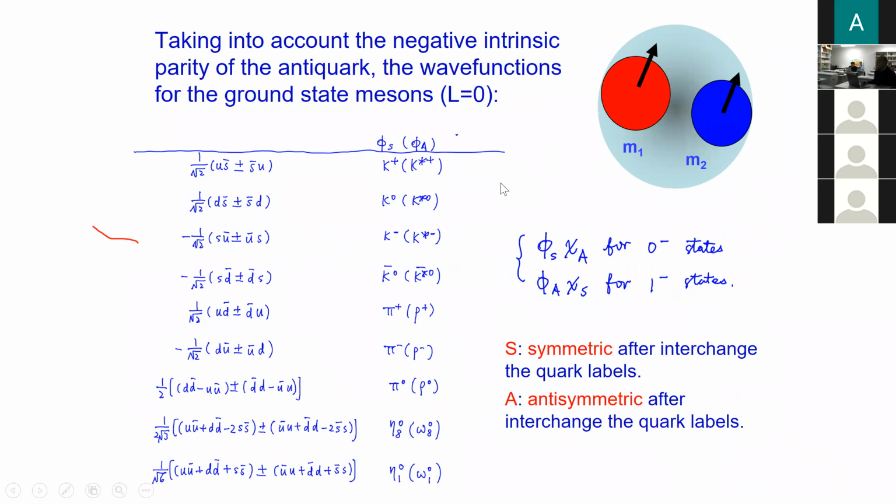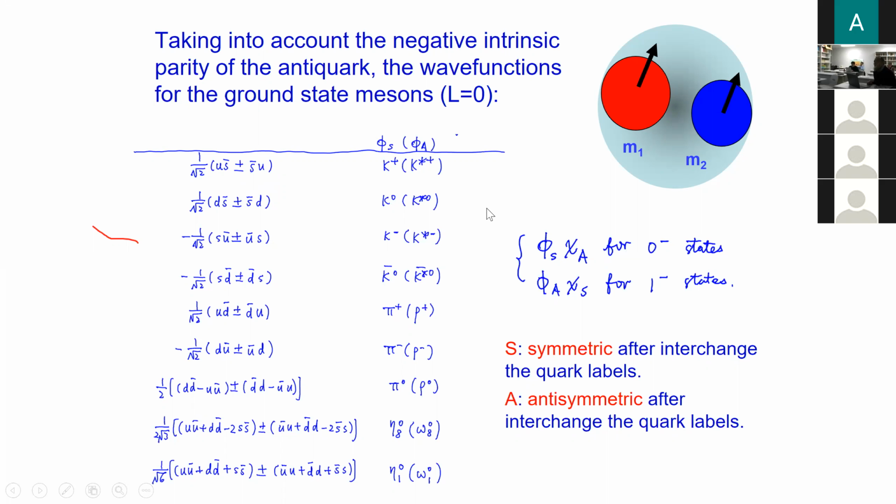If we write out the eigenstates of spin flavor for the QQ bar system, you can see that, for example, for either the pseudoscalar K or the vector K star, we have this sort of combination to keep them to be the eigenstates of flavor symmetry.